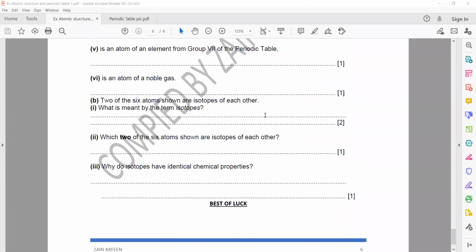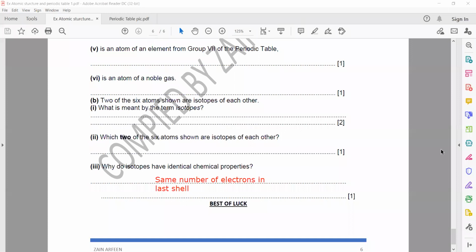Why do isotopes have identical chemical properties? Because they have the same number of electrons in the outermost shell. As they have the same number of electrons in the last shell, they have the same chemical properties. Is it clear?